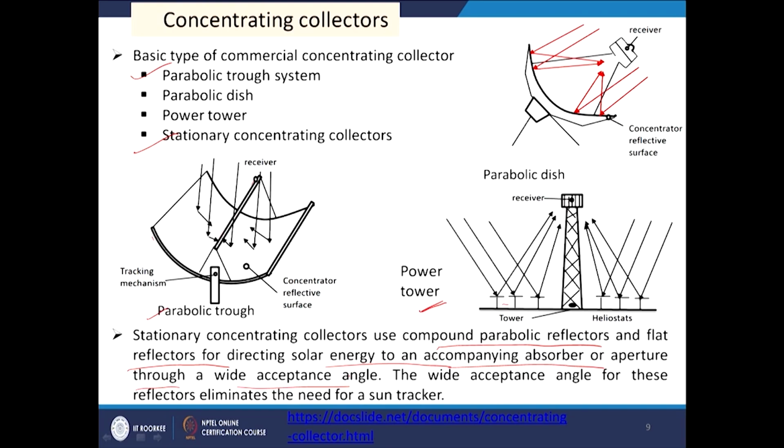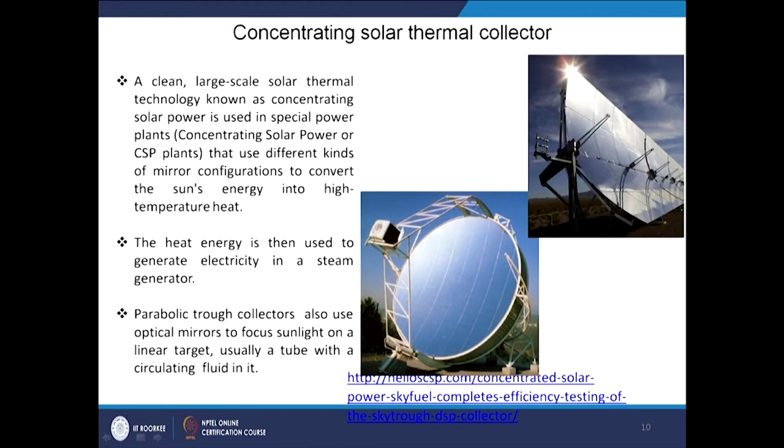Due to the use of a wide acceptance angle, these reflectors eliminate the need for a sun tracker. So a sun tracker is not needed for these stationary concentrating collectors. These are some photographs of how the parabolic dish and parabolic trough look.